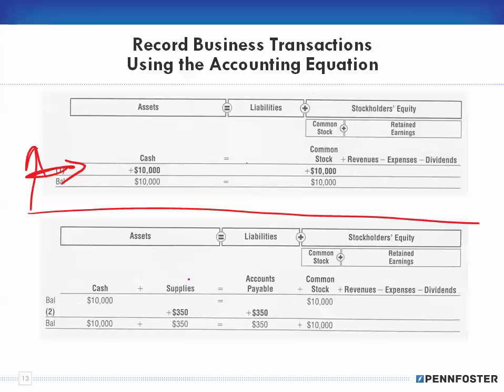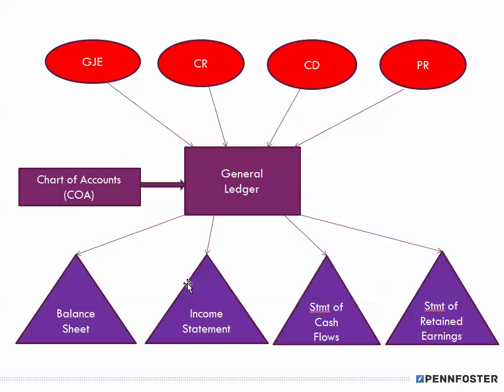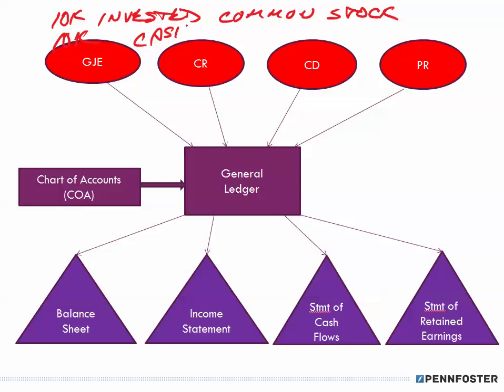However, I had said there's more than one, it's all the same concept, but it all looks different, depending upon what's happening here, okay? So I jumped back up to this slide to say, okay, look at the overall scheme of things. I had a transaction where $10,000 was being invested in the business as common stock to purchase common stock, which also means $10,000 of cash was given to the business.